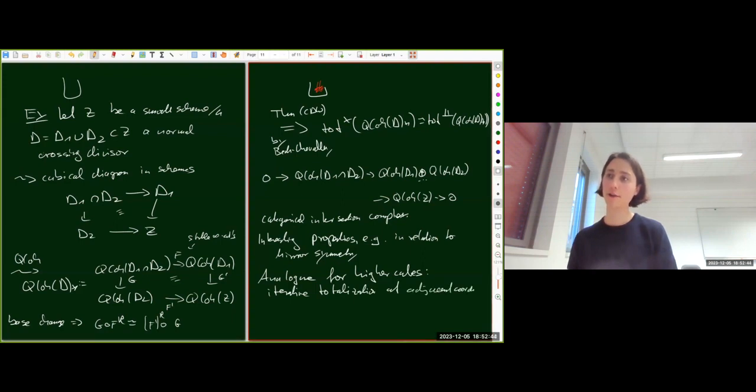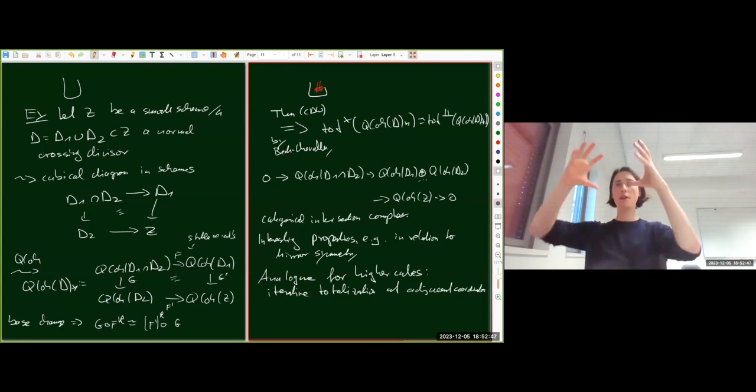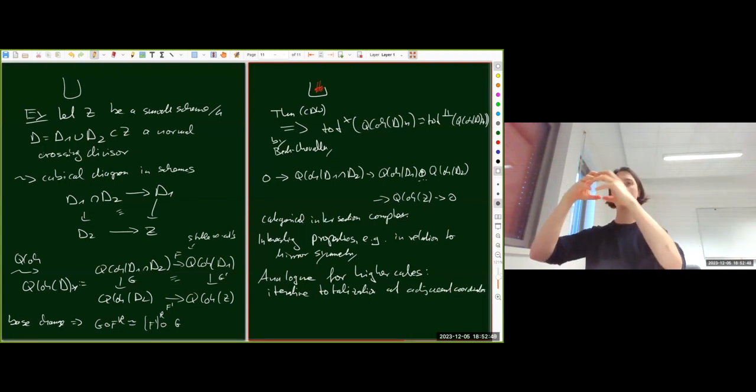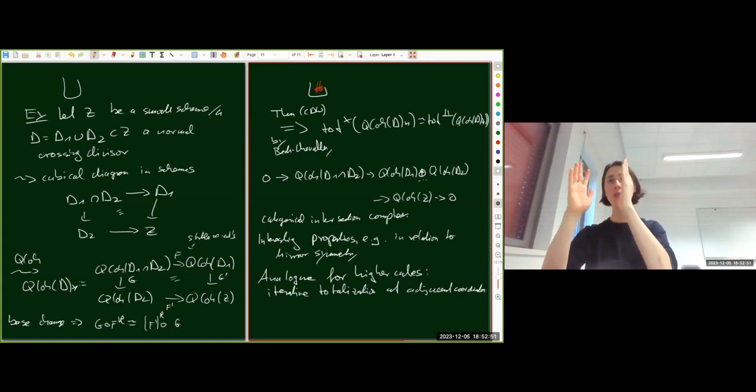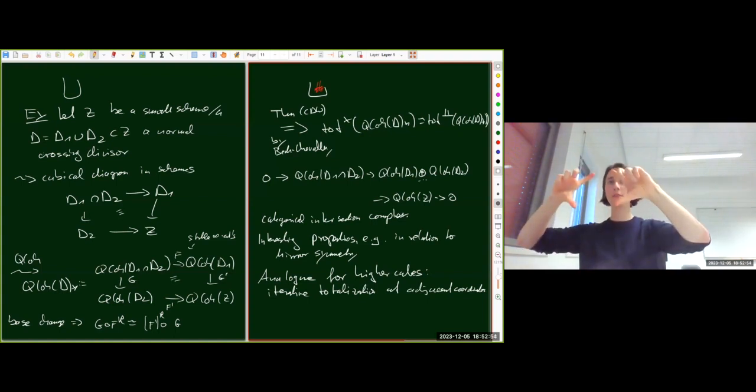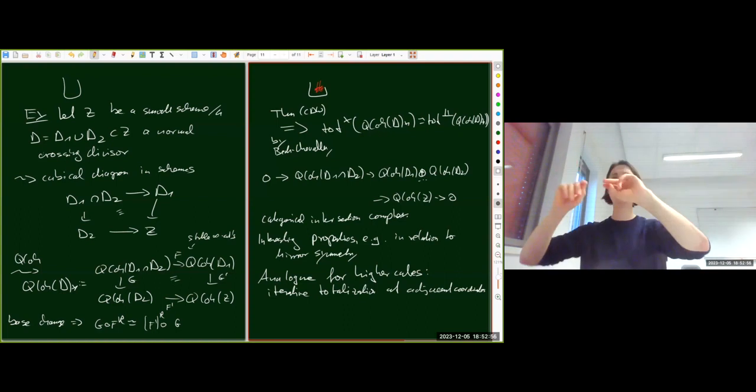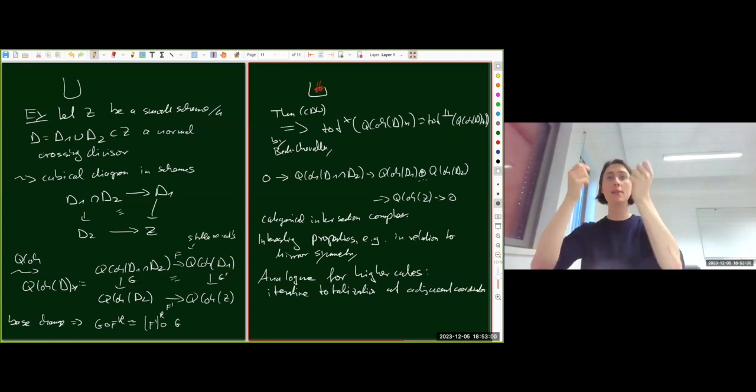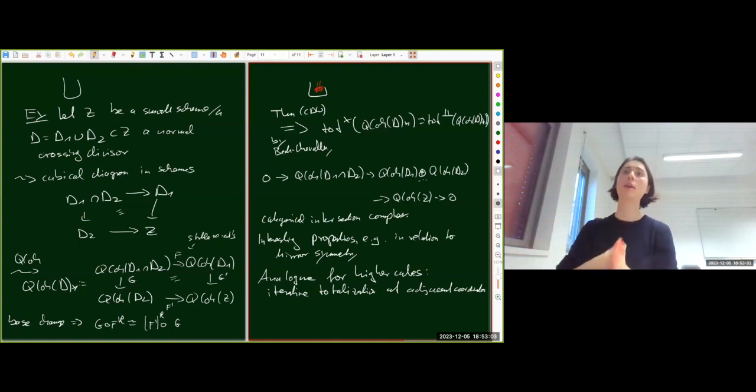So if you have, for instance, a 3-cube, you can first pick two faces which are opposite to one another, then you totalize them. And then what you get won't be a square, but it will be a bicomplex, and then you totalize the bicomplex. So by iteratively totalizing, you can get from multi-complexes to complexes, and the story works similarly in that setting. So yeah, that would be all I wanted to tell you today.